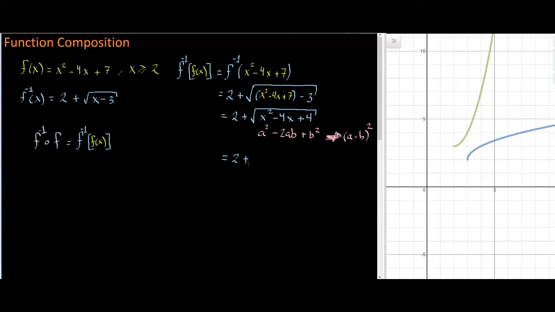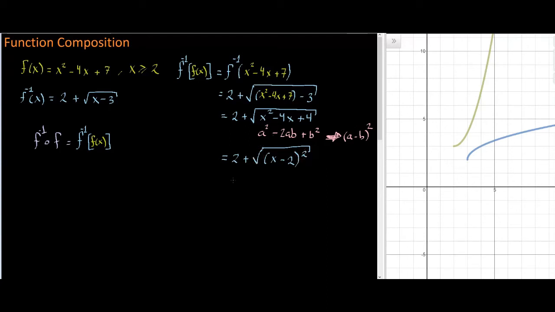Continuing here, 2 plus the square root of x minus 2. I have to get the square root of this 4 here, just as I did with the x squared. So I'm going to close it here and get this squared. Now I close the root here. Notice something here. This square is going to cancel out the square root.